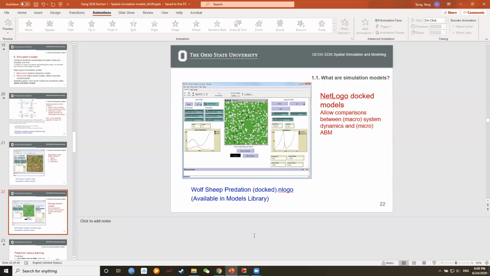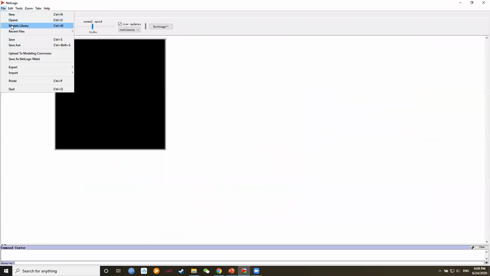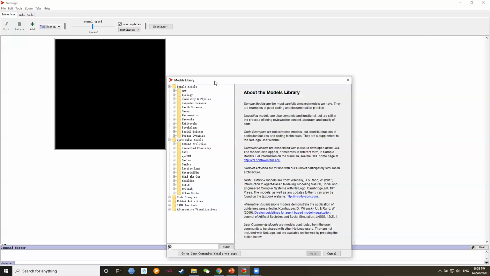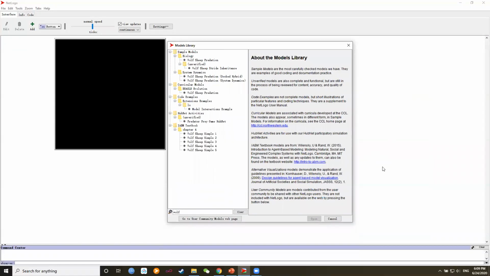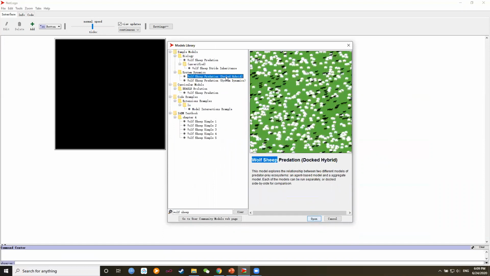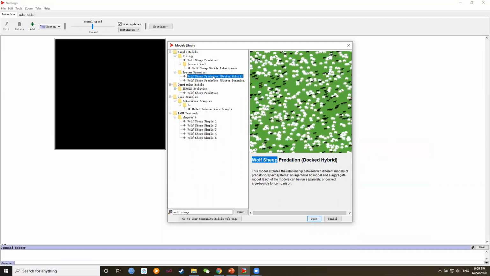Okay, let me show you. You go to file. It's a part of the models library of NetLogo, and here you can search wolf sheep predation, and here is the agent-based model. Here is the dock hybrid model, which shows the agent-based model, ABM, and also the systems dynamics model simultaneously.